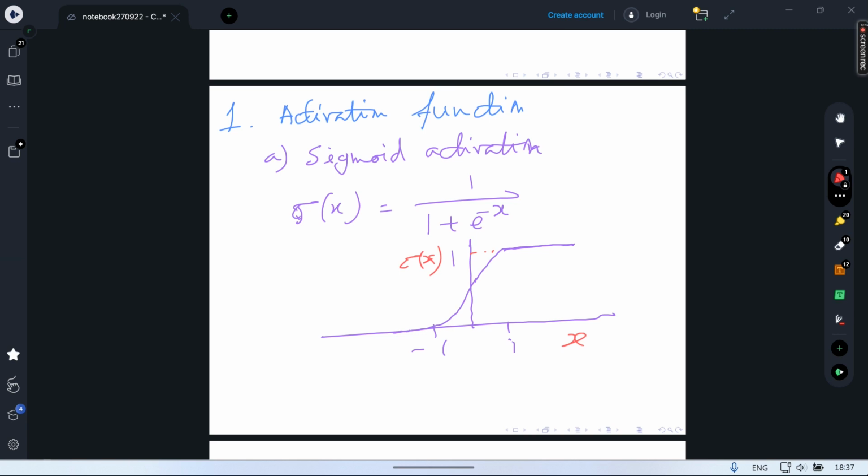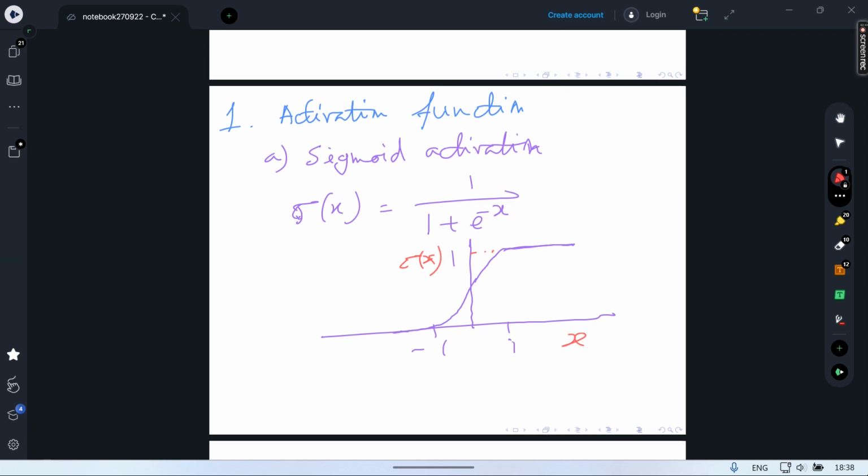The sigmoid activation has a very nice interpretation in terms of probability. Since it takes a value between 0 and 1, you can represent a probability using this sigmoid value. So sigmoid was very popular as an activation function, and it also introduces non-linearity.